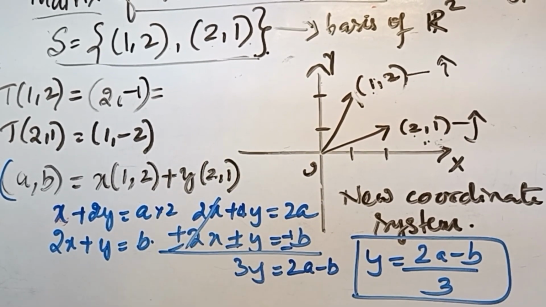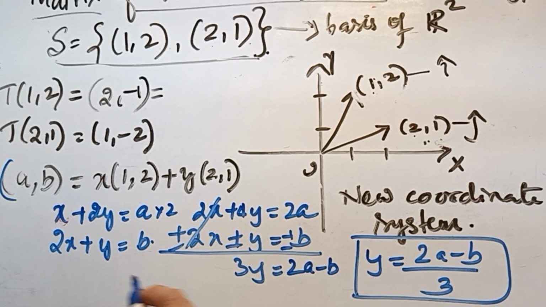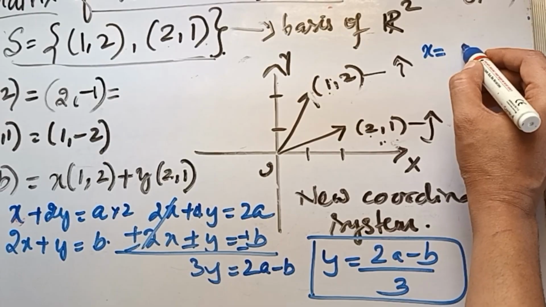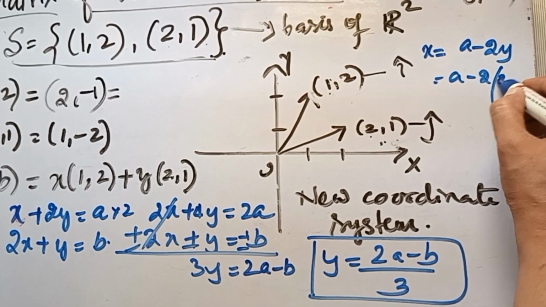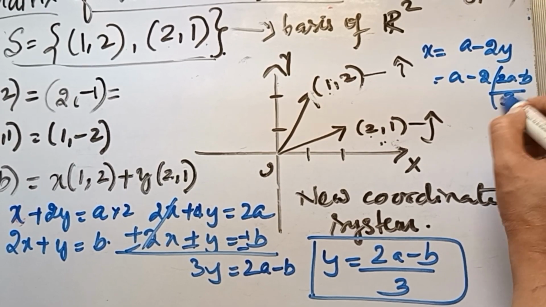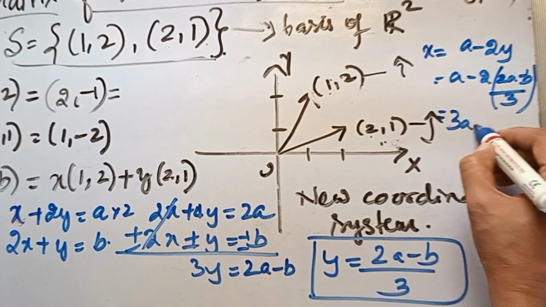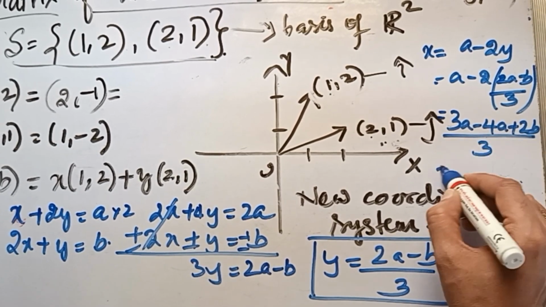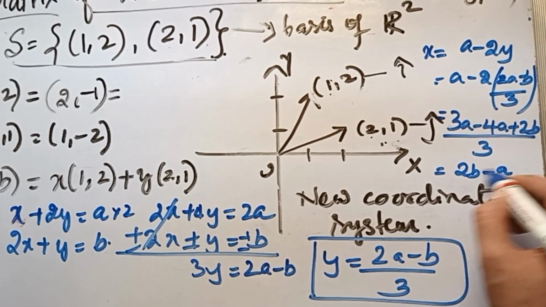Similarly, I need to get x now. To find x, substitute in any of the equations. So I will write x equal to a minus 2y, which is a minus 2 into (2a minus b) by 3. So this is equal to (3a minus 4a plus 2b) by 3, which is equal to (2b minus a) by 3.